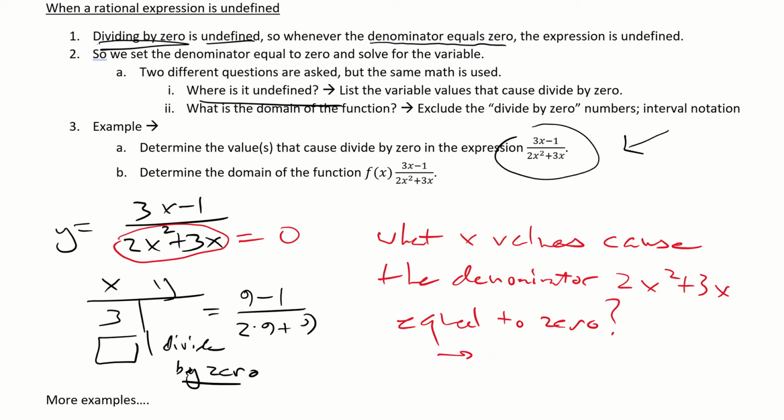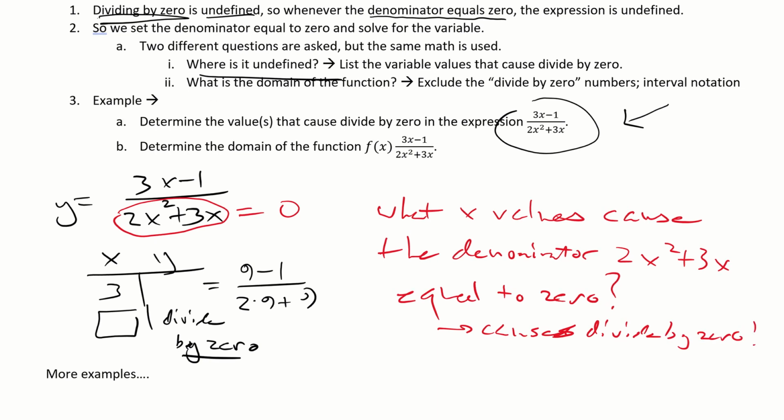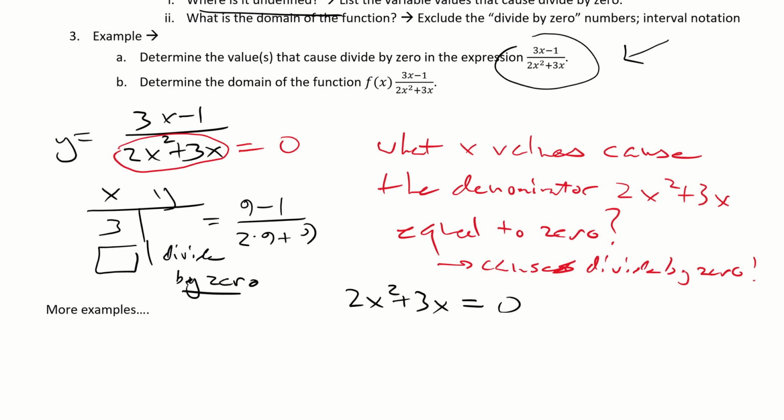Because if it is, it causes divide by 0. Okay, so that's the logic. I'm going to look at that denominator, which is 2x squared plus 3x, set it equal to 0, and find the x that makes it 0 by solving. So really, set the denominator equal to 0 and solve for x.